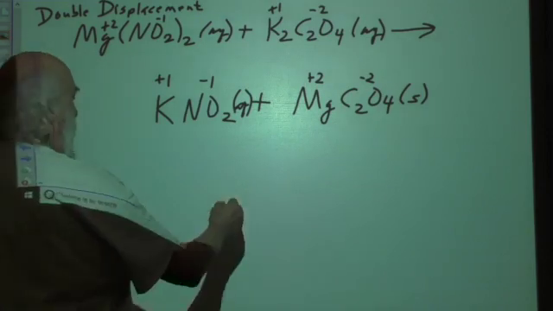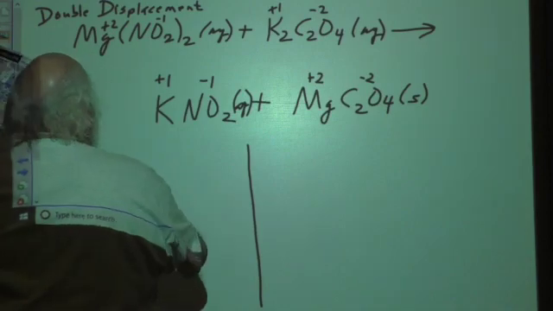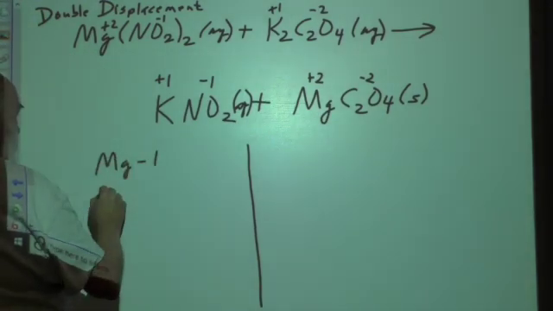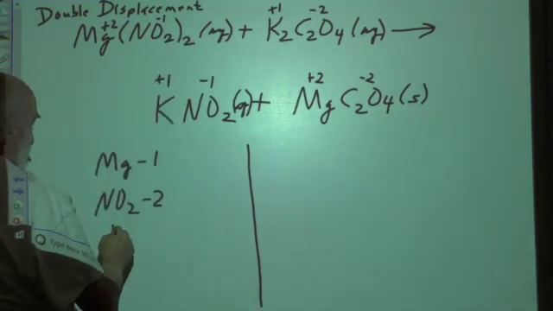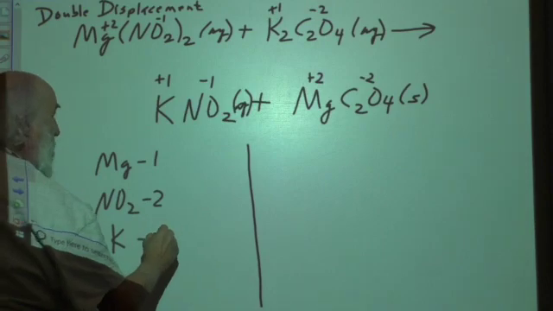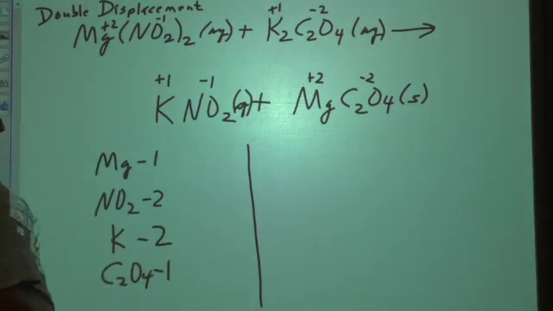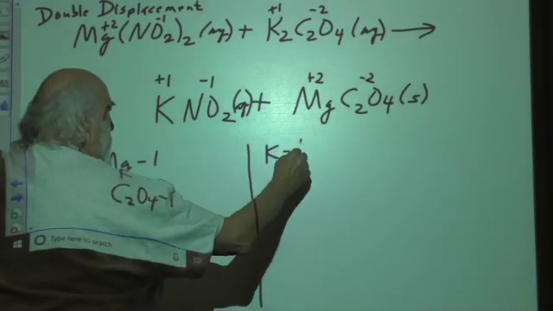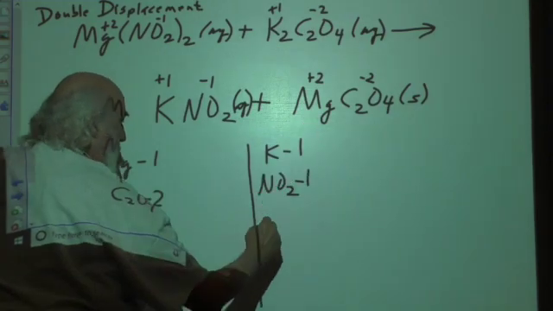Now we balance the equation. Again, with the line representing the arrow over there. Left-hand side, Mg, 1, NO2, we got 2 of them. K, we got 2 of them. And C2O4, we have 1 of them. Come over to this side here. K, we have 1. NO2, we have 1.